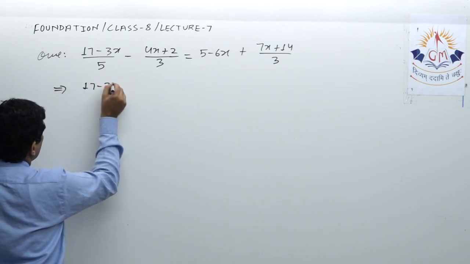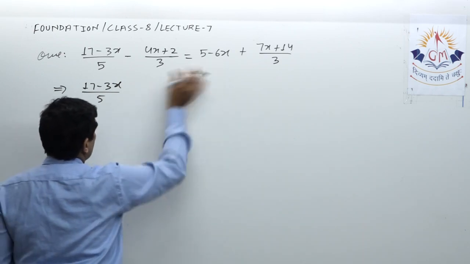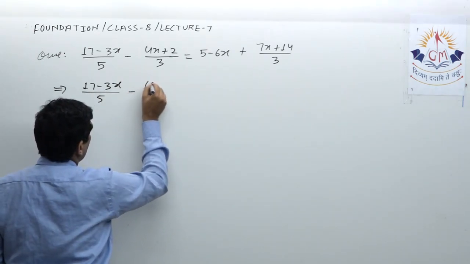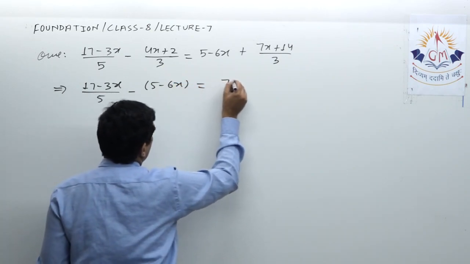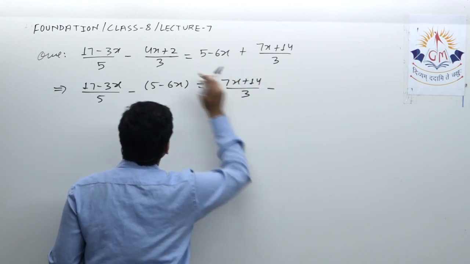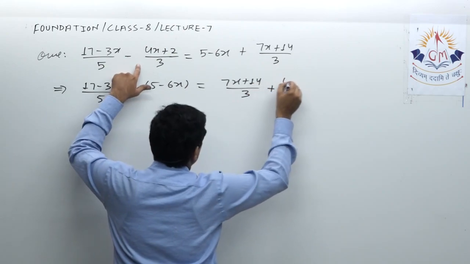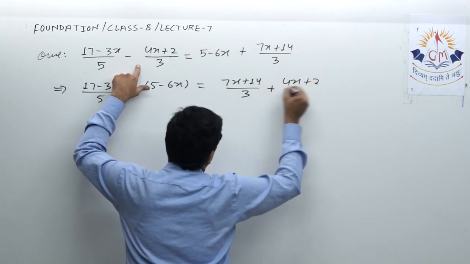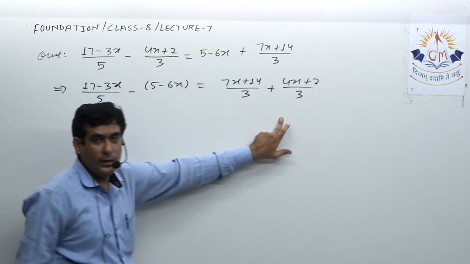17 minus 3x upon 5, I'm taking this term on this side, minus of 5 minus 6x, and this 7x plus 14 upon 3 I'm keeping on that side, and I'm bringing this term on that side, so this will become 4x plus 2 upon 3, just because their denominators were the same.